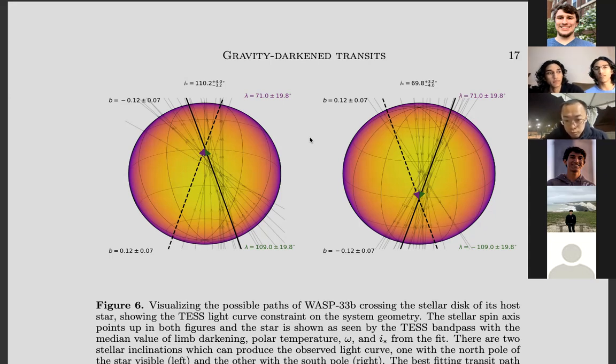Usually that's due to something called ellipsoidal variability, which is actually an extension of gravity darkening, where you have tidal distortion due to a compact object. The tidal distortion changes the local surface gravity of the star, causing gravity darkening, and thereby resulting in an observed variation in brightness of the star.